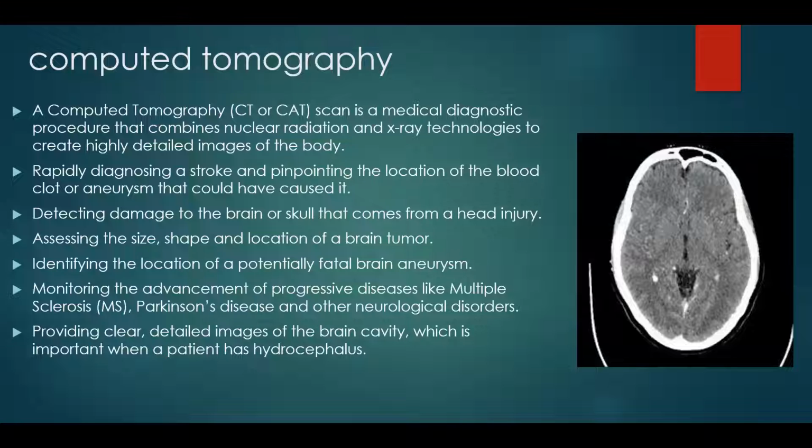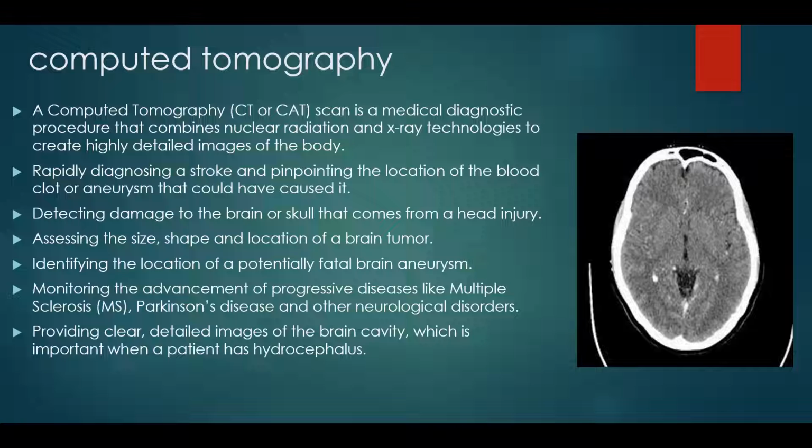Computed tomography. A computed tomography scan is a medical diagnostic procedure that combines radiation and X-ray technologies to create highly detailed images of the body, rapidly diagnosing a stroke and pinpointing the location of a blood clot or aneurysm that could have caused it.